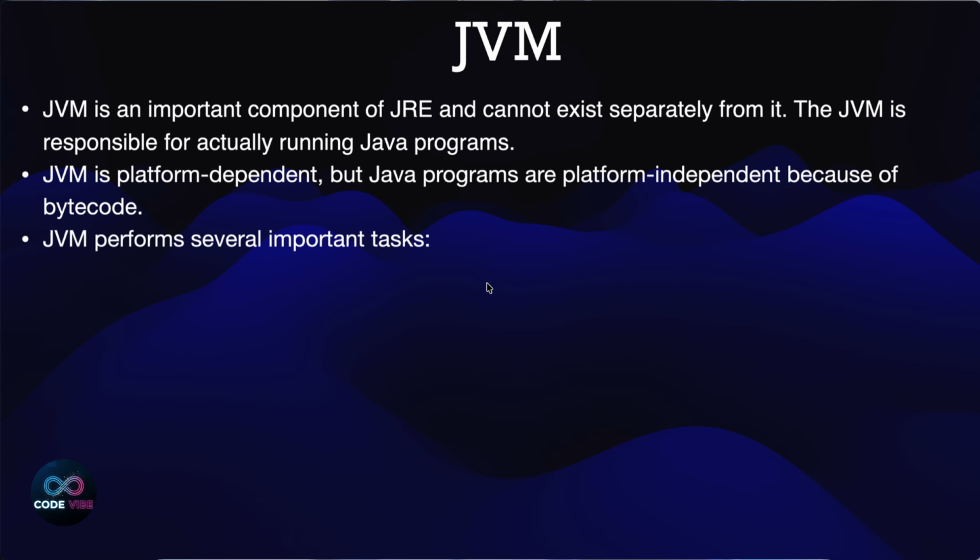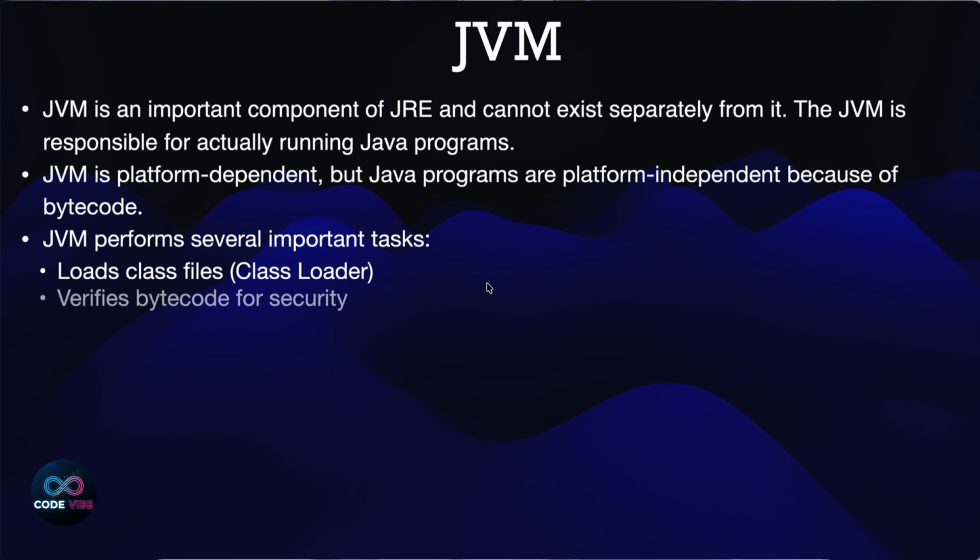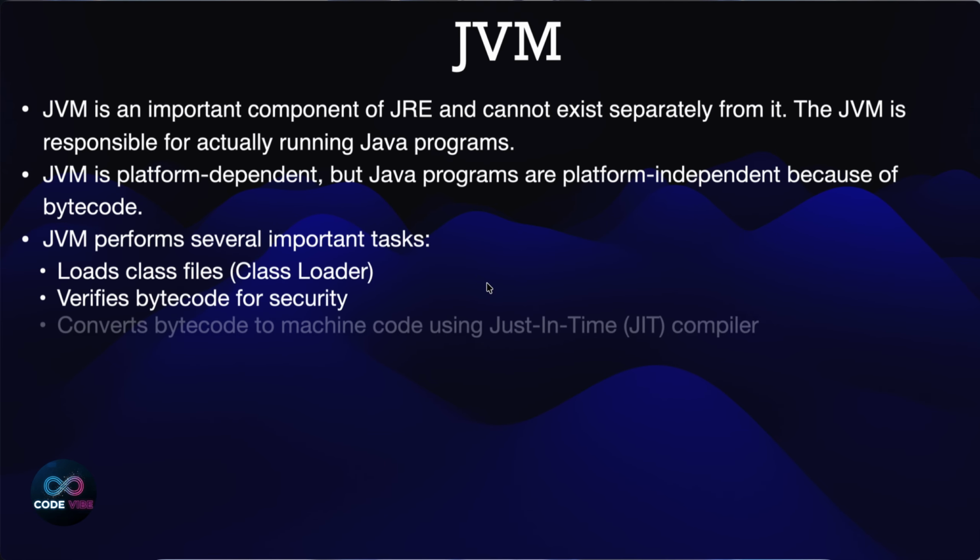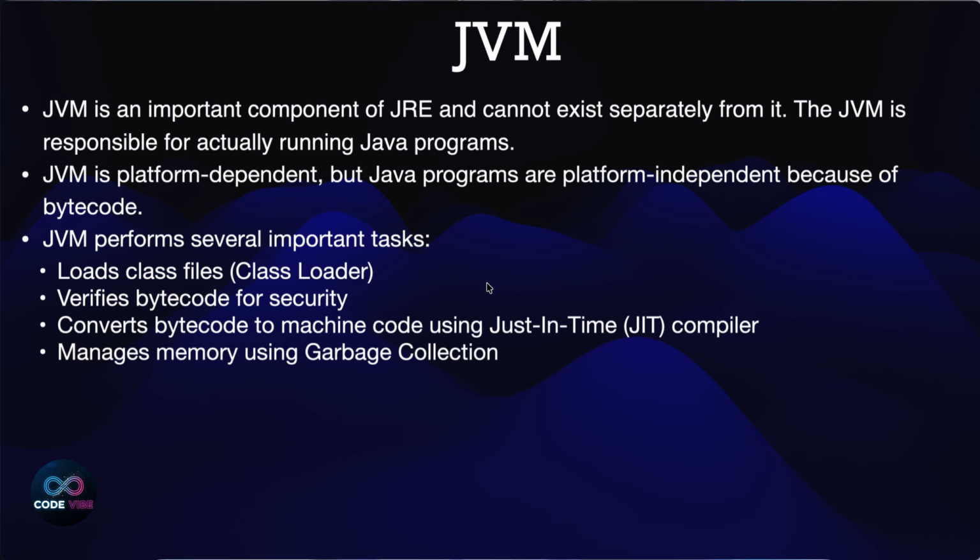JVM performs several important tasks like loads class files, verifies bytecode for security, converts bytecode to machine code using the just-in-time compiler, the JIT compiler. It's a part of the JVM that improves the performance of Java programs.